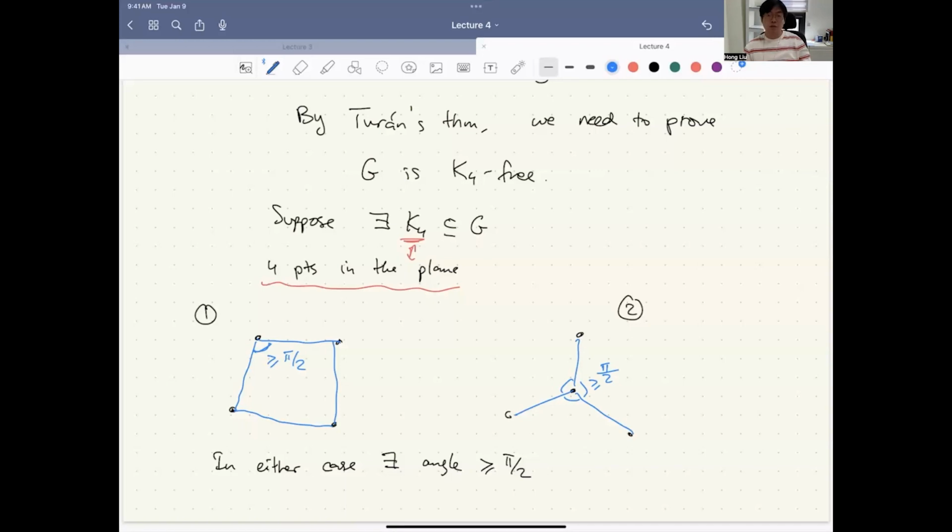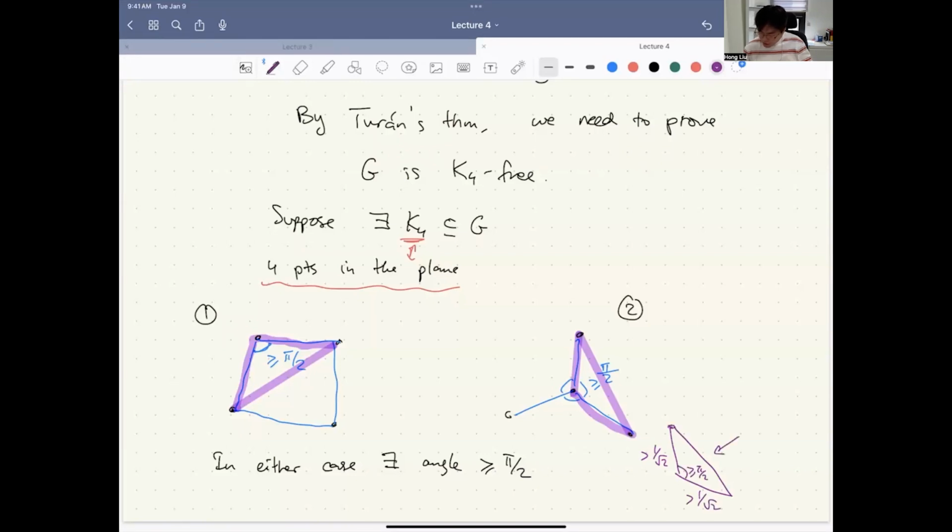And why is that a contradiction? Well, now let's look at this triangle. Oops, sorry. This is bigger than 1 over root 2, and this is bigger than 1 over root 2, and this angle is at least pi over 2.